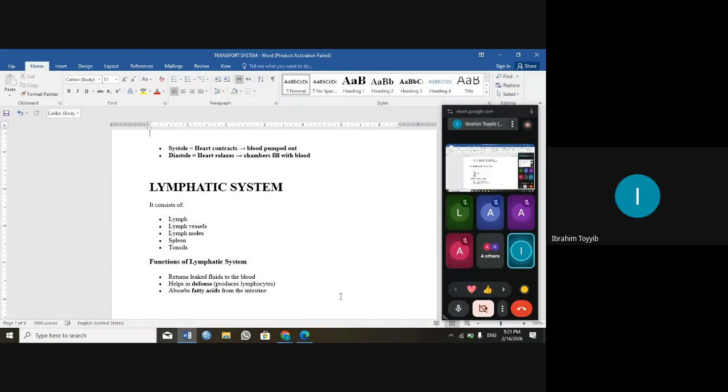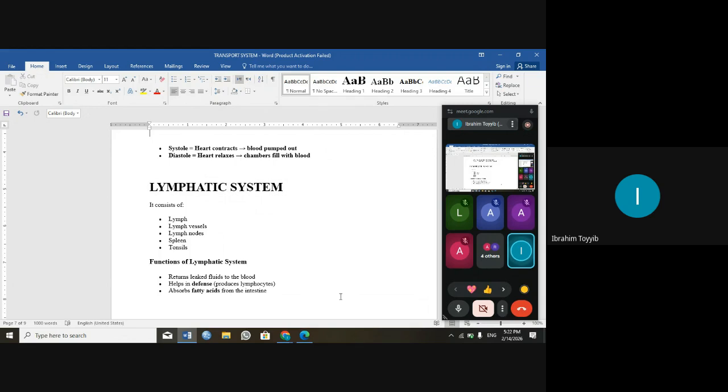So apart from pulmonary vein, we have jugular vein. Jugular vein brings blood from the head and neck. While the carotid artery supplies blood to the head and neck, jugular vein brings the blood from the head and neck.